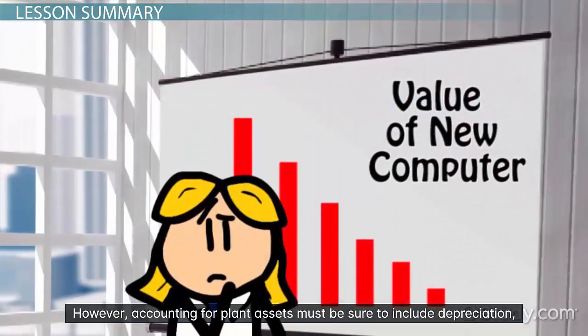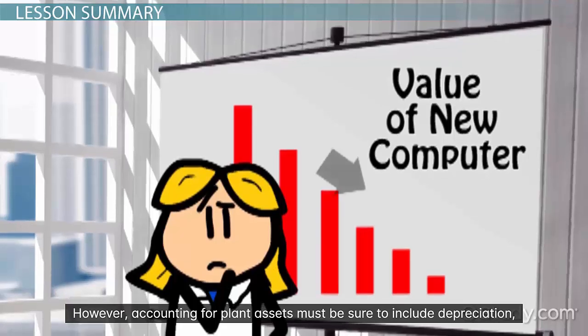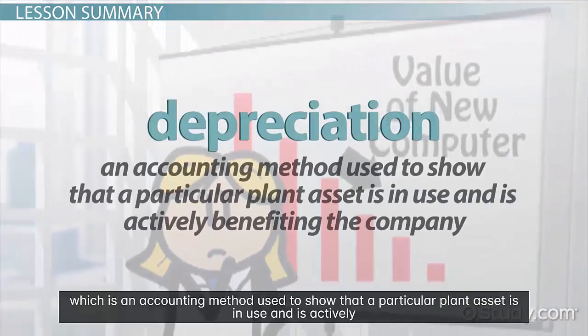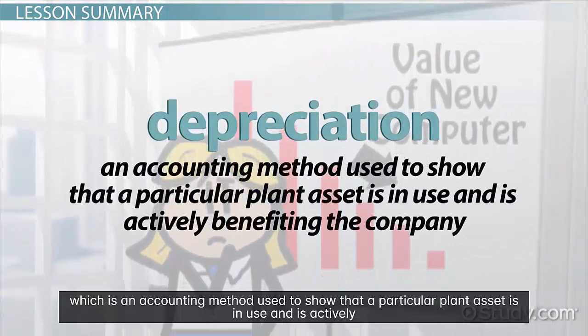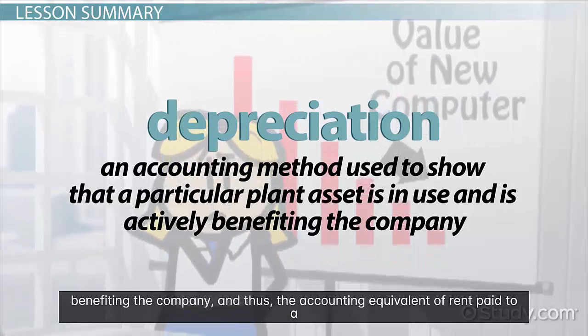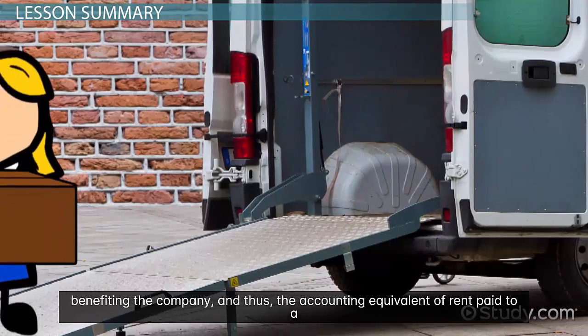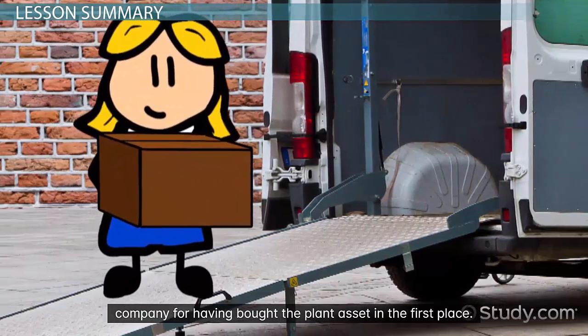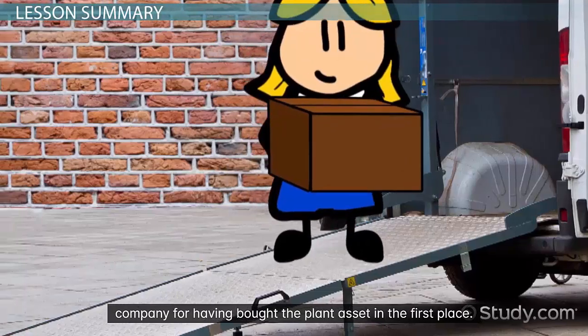However, accounting for plant assets must be sure to include depreciation, which is an accounting method used to show that a particular plant asset is in use and is actively benefiting the company, and thus the accounting equivalent of rent paid to a company for having bought the plant asset in the first place.